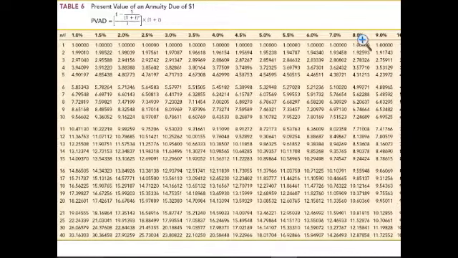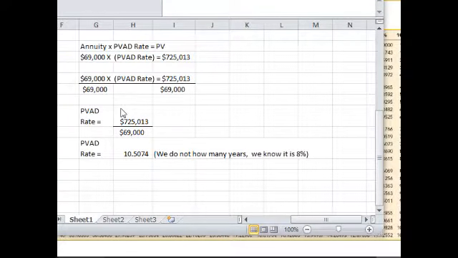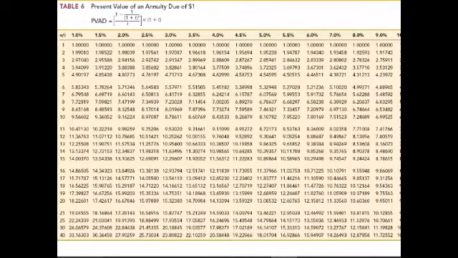So I go to 8%, right? And then look for that 10 point, what was that amount? 10.5074. I'm going to try to find that 10.5074 on this table under 8%.